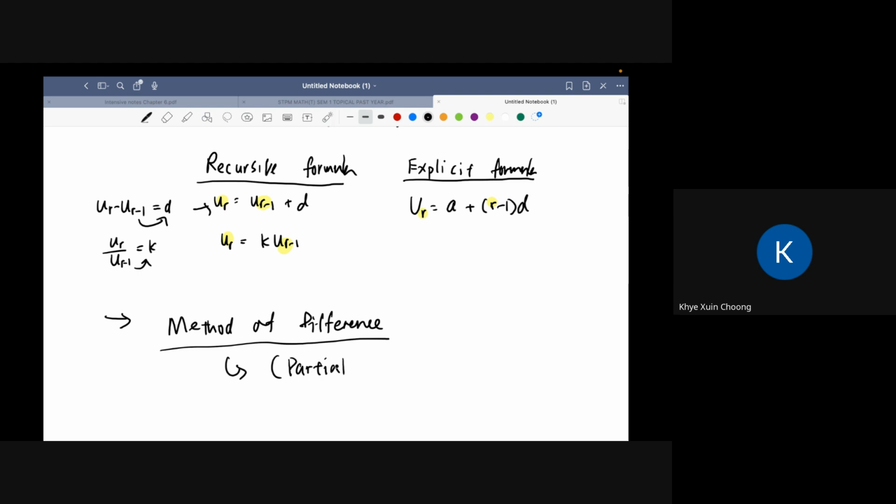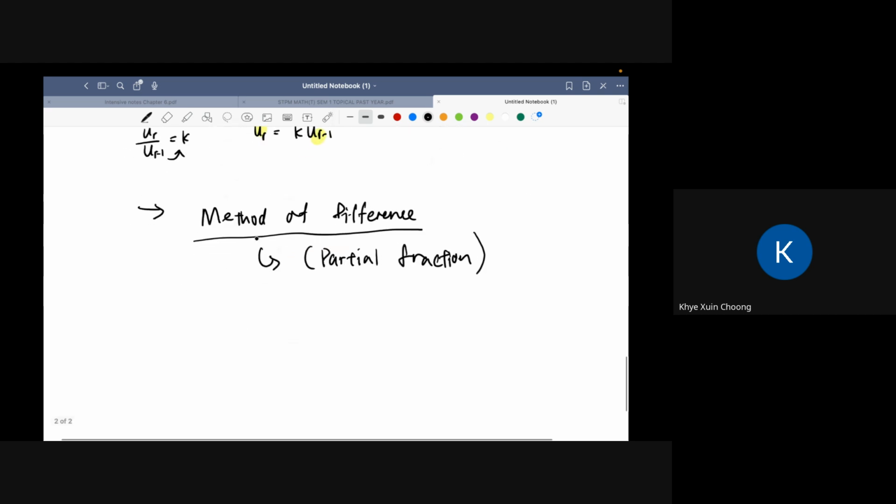You need to know how to show something in partial fraction, because when we want to use method of difference, we need to ensure that every term can be expressed as a difference of some two different things, right?